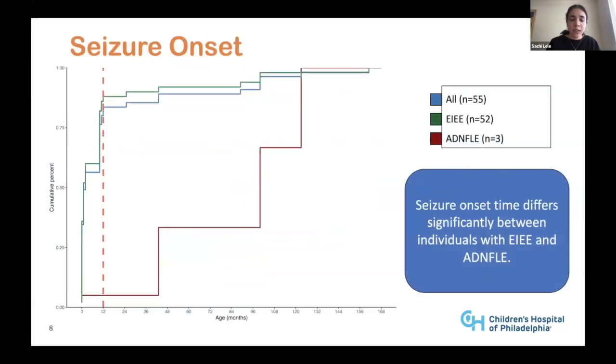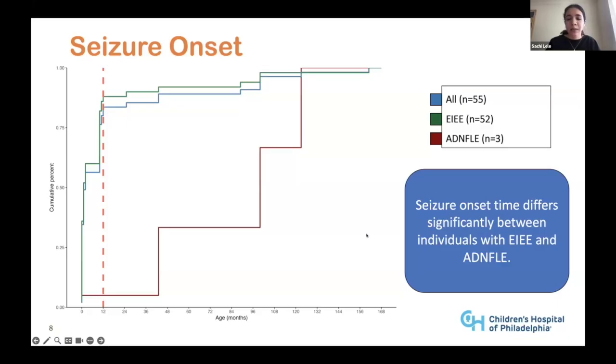We then wanted to look more closely at when individuals with KCNT1 began experiencing seizures. So we looked at our entire cohort and then split them into individuals with EIE and individuals with AD and FLE. The red dashed line denotes that 85% of individuals in our entire cohort began experiencing seizures by 1 year of age.